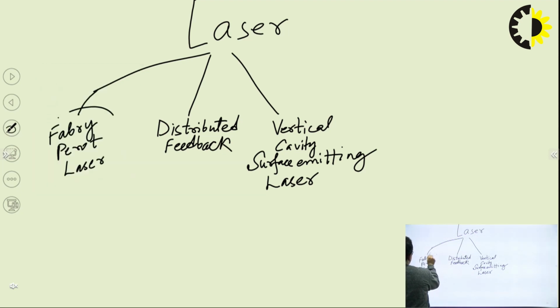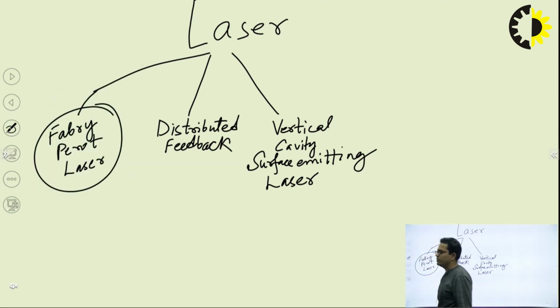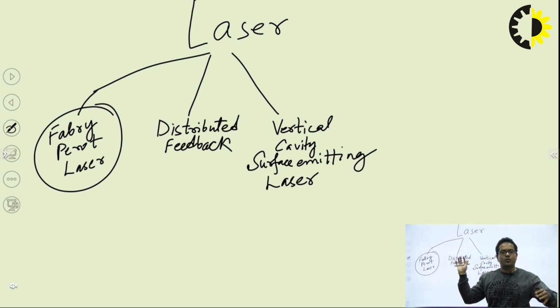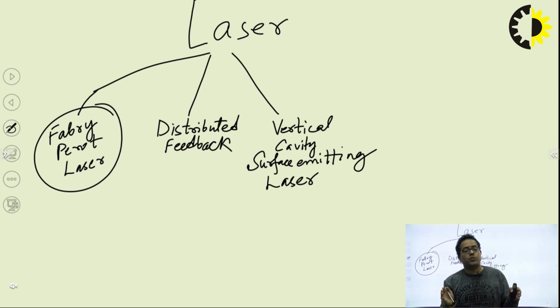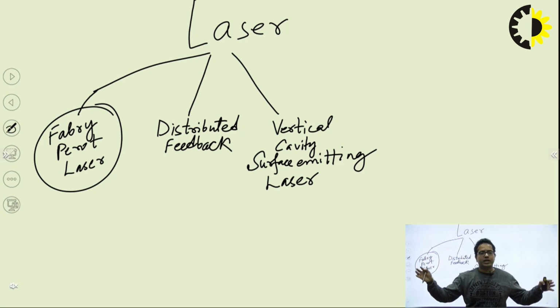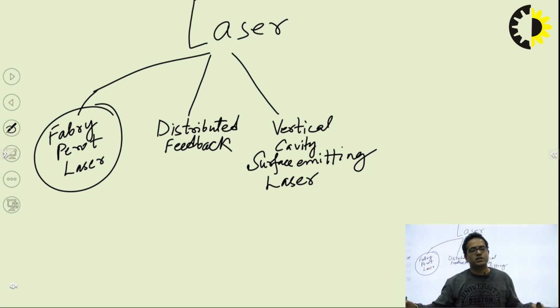Out of these, the Fabry-Perot is the most basic form, which we have already discussed in the form of a cavity when we discussed the optical ring resonator, something like an optical ring cavity. In that we took two mirrors at the two facets of this laser active length, and that leads to positive feedback.